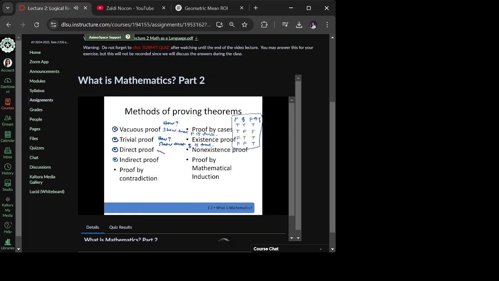For direct proof, we follow modus ponens. Step 1. Assume P. Step 2. Show that Q follows.